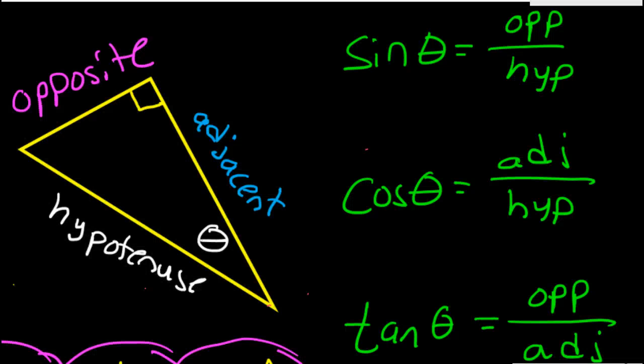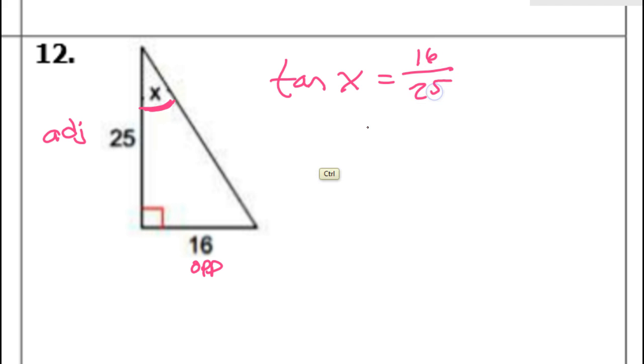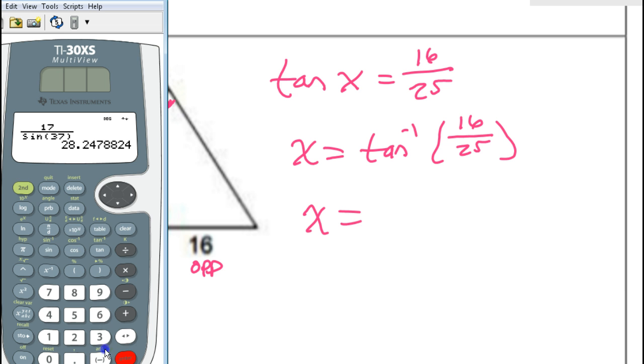Opposite and adjacent, that's the tangent function, opposite over adjacent. So we will start with the tangent function. Tangent of x is equal to opposite over adjacent. If you want the angle, you must do the inverse trig function. Inverse tangent, 16 over 25. Calculator time.